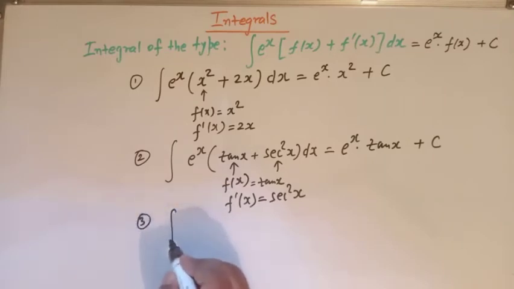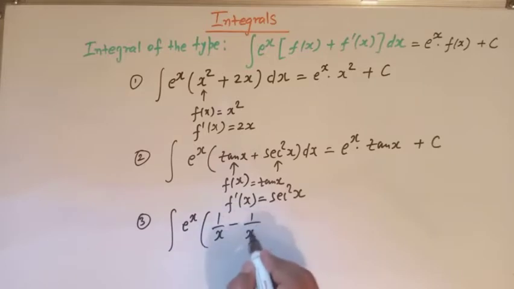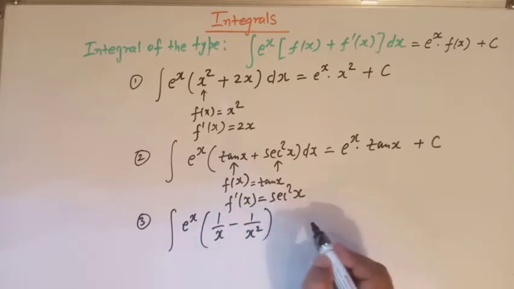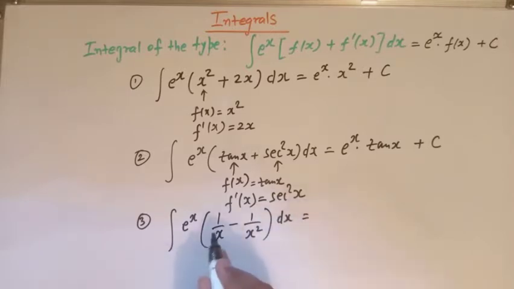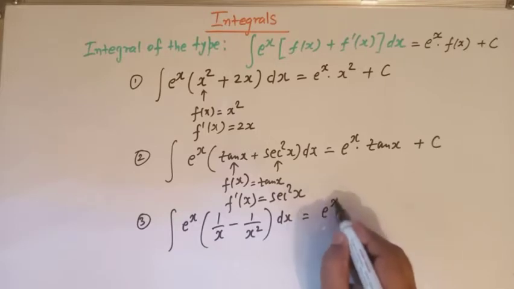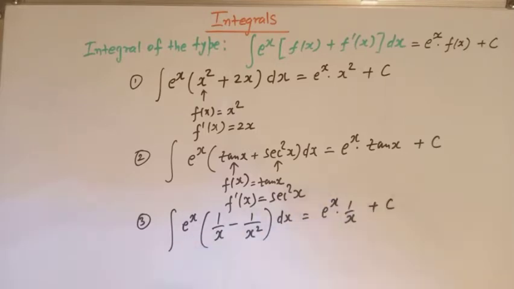Clear? Similarly, let us take one more example. Suppose we have to integrate e raised to x times 1 over x minus 1 over x square dx, then the integral of this function is e raised to x times 1 over x plus c. Why?